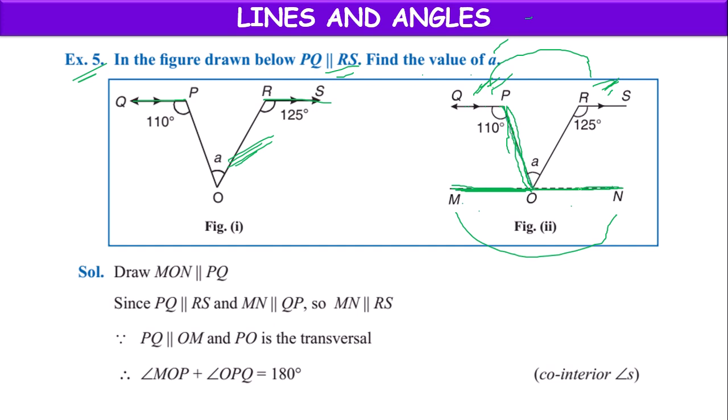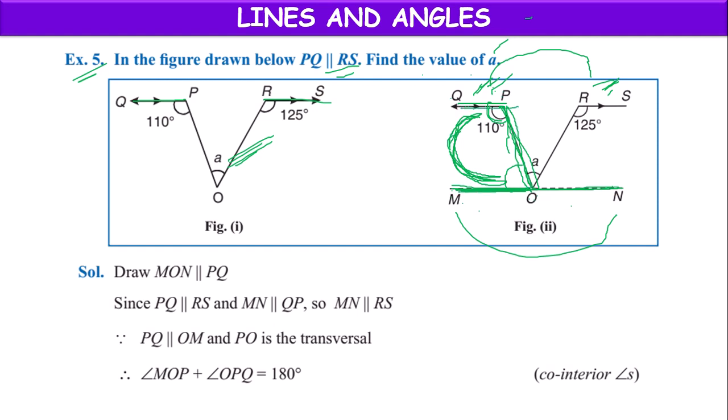If PO is the transversal, then this angle MOP and this angle OPQ will make a co-interior angle pair between the two parallel lines.